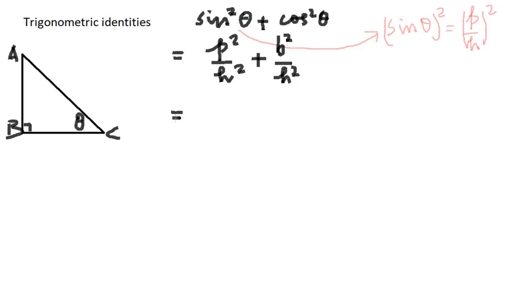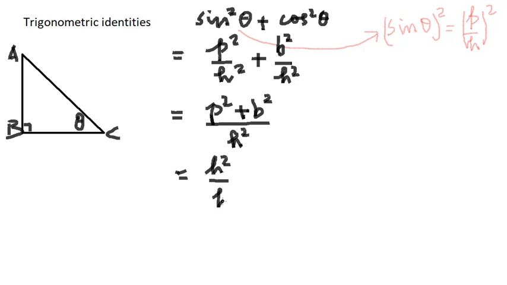Now this will reduce to P squared plus B squared by H squared. And we know from Pythagoras theorem that P squared plus B squared is equal to H squared. Hence this will be H squared by H squared, which is equal to 1.